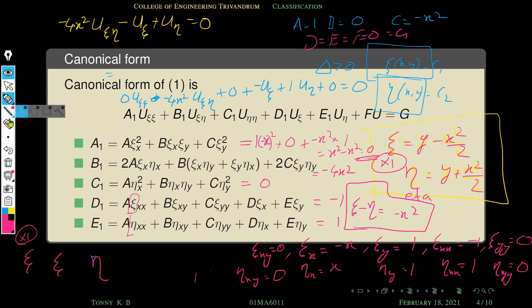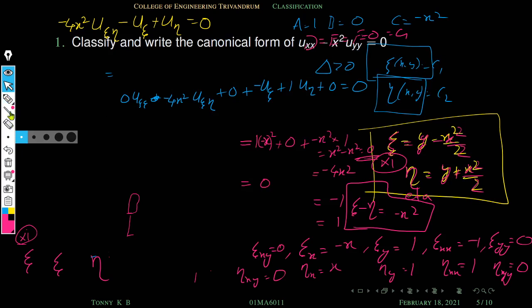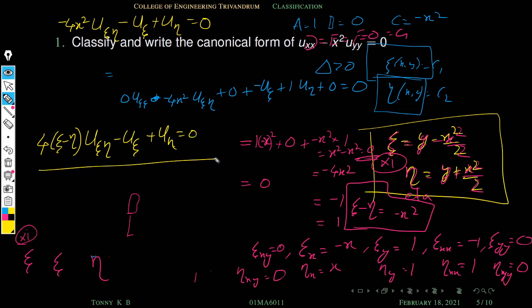So ultimately our canonical form is: minus x square is psi minus eta, so this becomes 4 times psi minus eta u psi eta minus u psi plus u eta equal to 0. So this is the canonical form of the given PDE. Okay, so this is the given PDE, this is the canonical form.